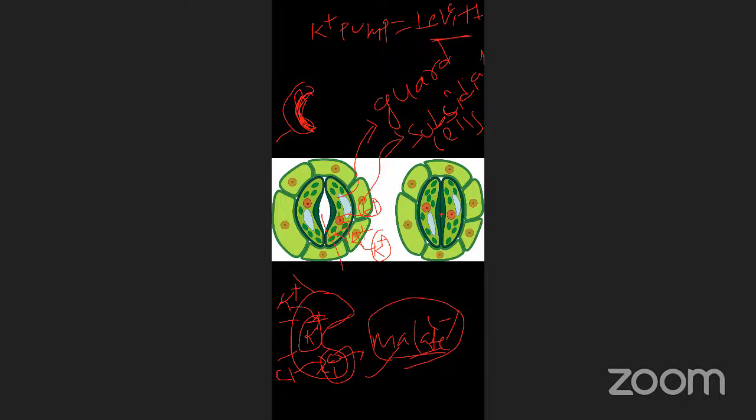That means water potential is low. Negative means low or high? Low. What about the subsidiary cell? Is there any negative value in the subsidiary cell?